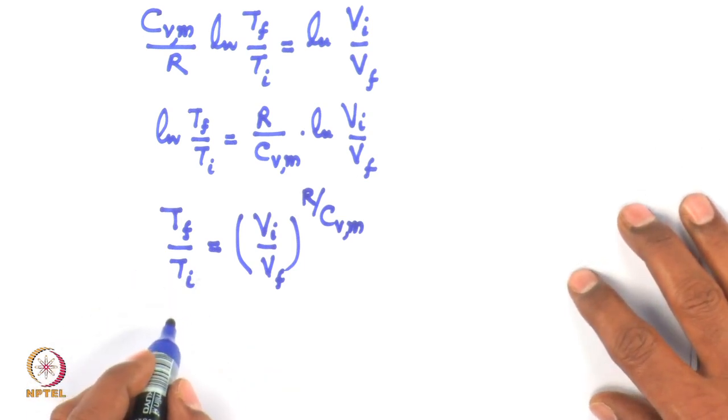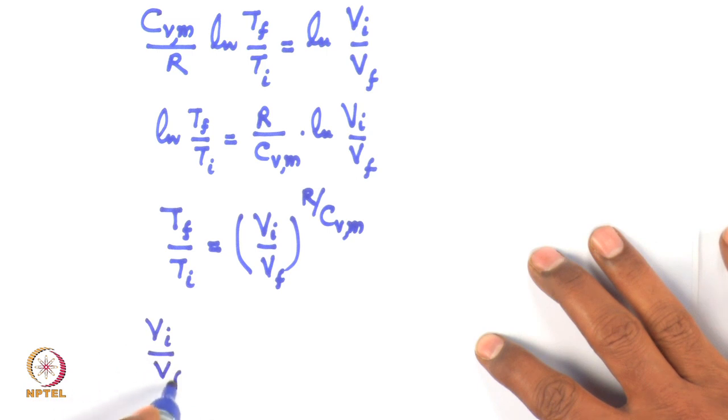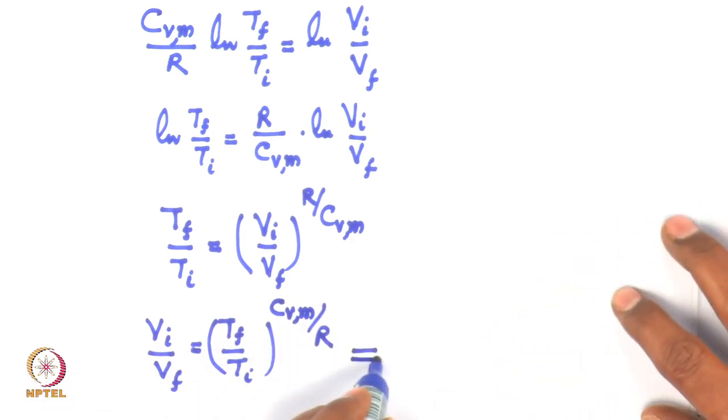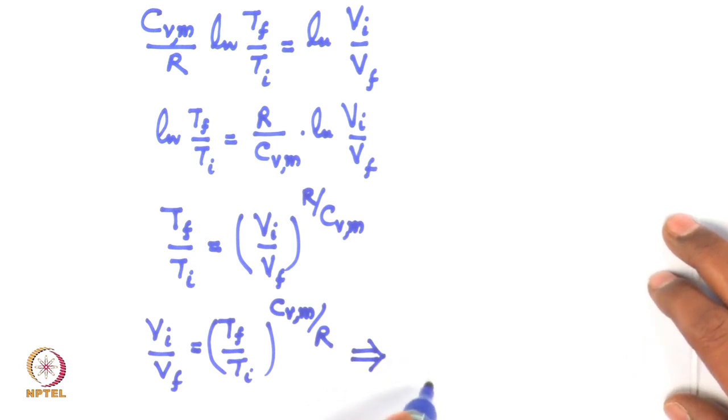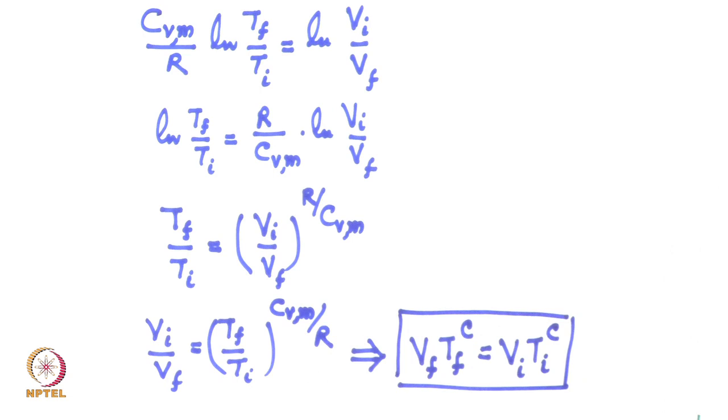This I can rearrange now to write in this form, that V_i upon V_f is equal to T_f upon T_i raised to the power C_Vm divided by R, which suggests the equation V_f T_f raised to the power C is equal to V_i T_i raised to the power C, and this is the equation that we were planning to derive, with C equal to C_Vm by R.